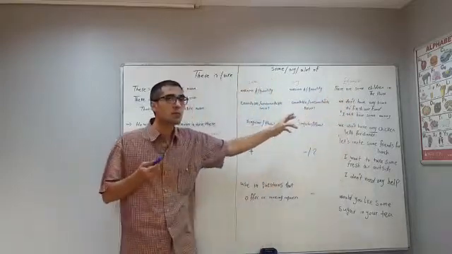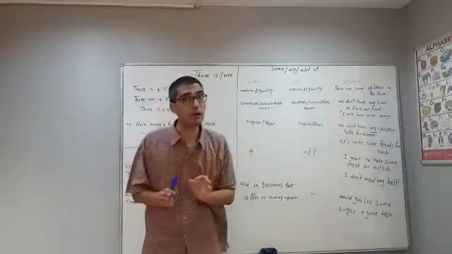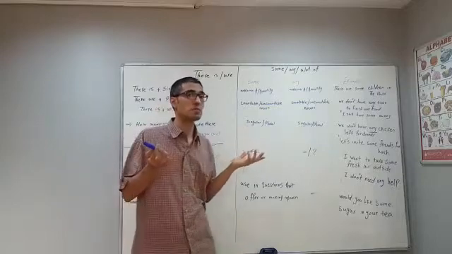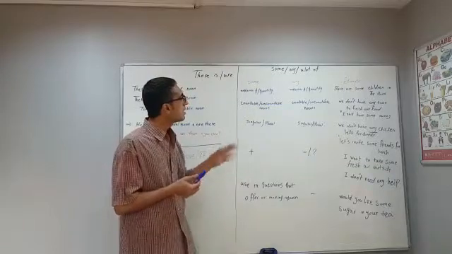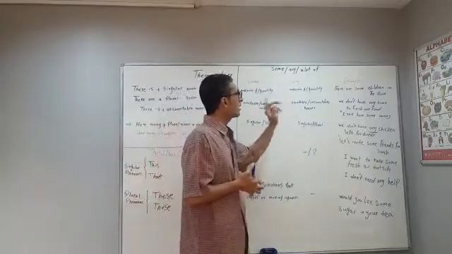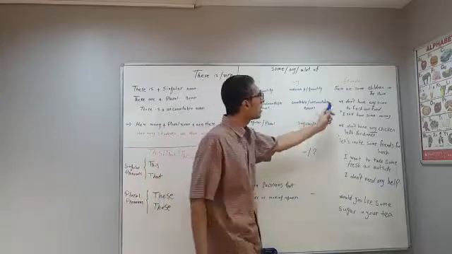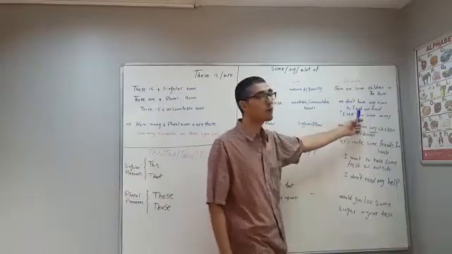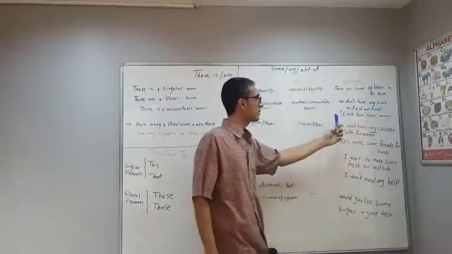So when we use some, it shows that we have no idea of the exact number of them, and also sometimes it's not important for us. We use some for countable and uncountable nouns, also any, same for countable and uncountable nouns. For example, we don't have any time to finish our food. Any time, uncountable.